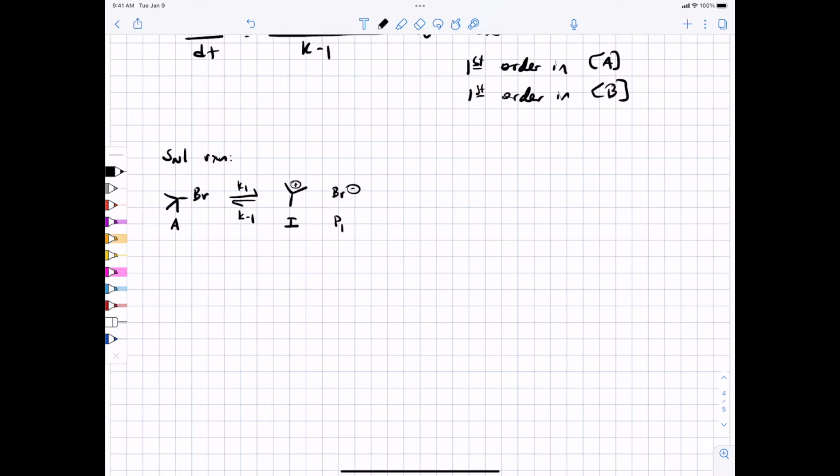And then I reacts with B, which in this case is going to be our nucleophile. Let's just choose CN minus. And that reacts with rate constant k2 in an irreversible fashion to give us our product 2.